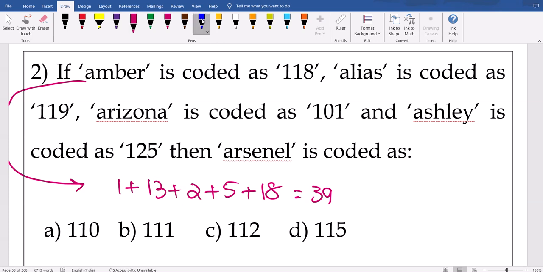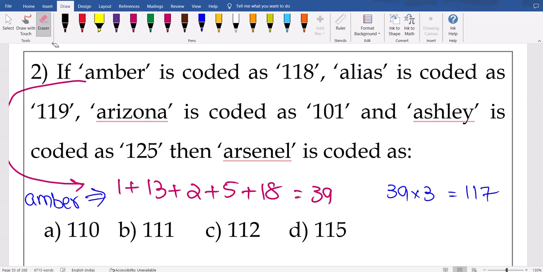I have an idea. Adding all, I got 39. 39 multiplied by 3 is 117: 33 times 3 is 99, no, 90 plus 27, 117. Plus 1 for that, maybe 118 is possible. We'll check that with the next one. So for Amber, adding all the respective values, multiplying by 3, then adding 1 is one idea we got.